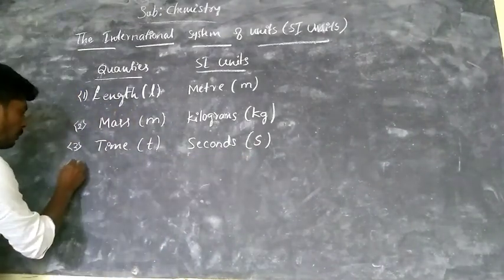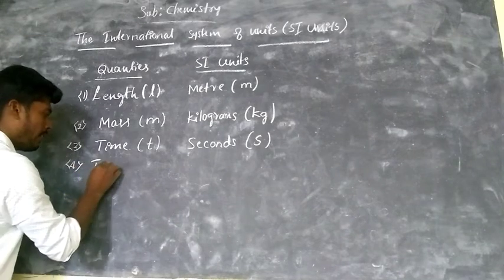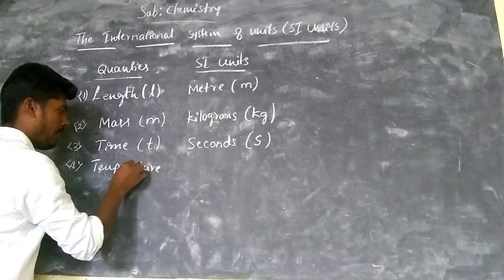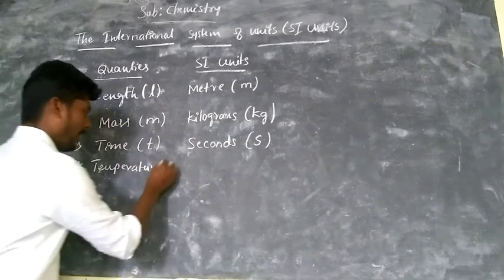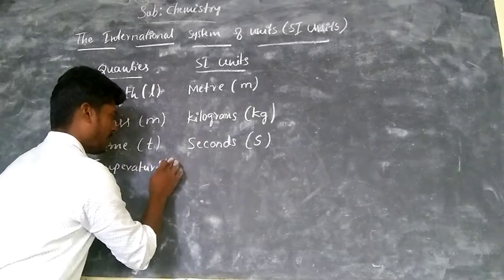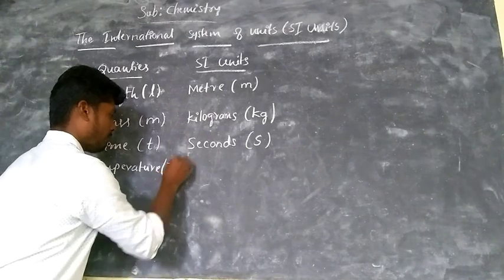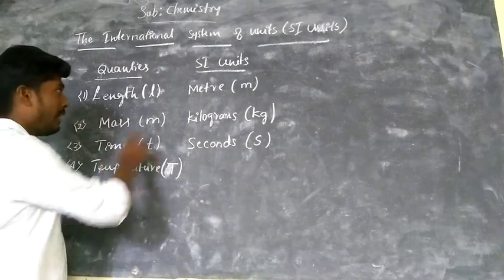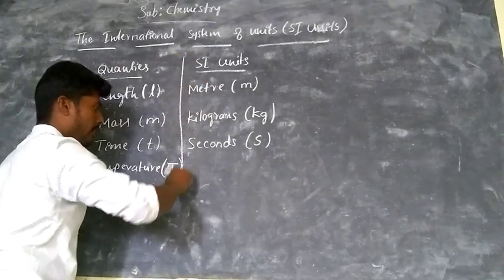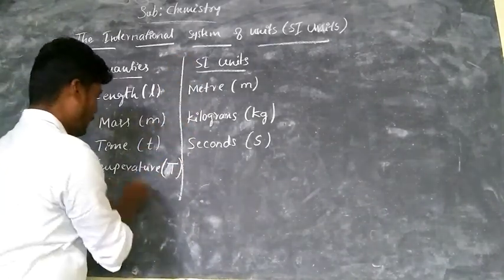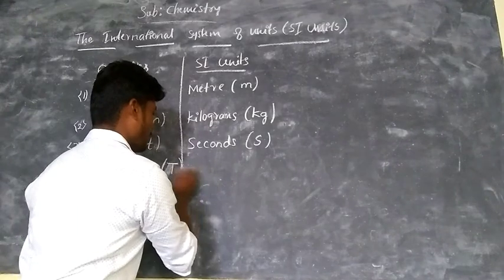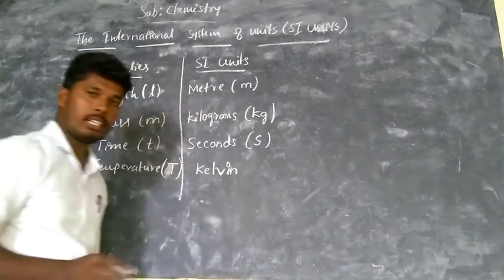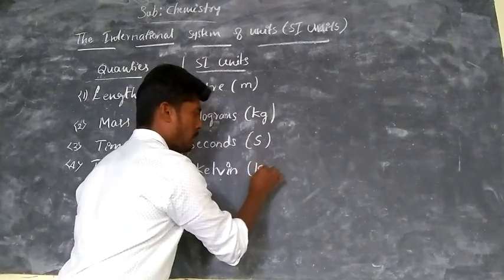Then the fourth one, temperature, is indicated by the symbol capital T. The SI unit for temperature is Kelvin, indicated by capital K.